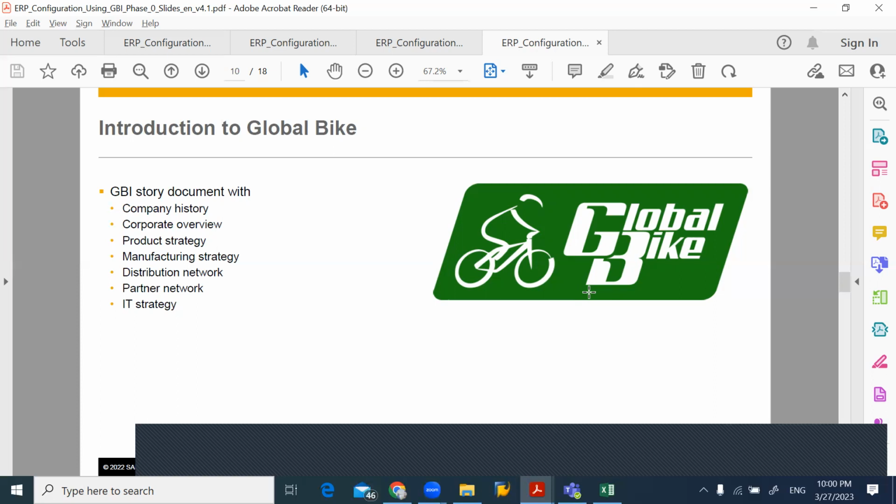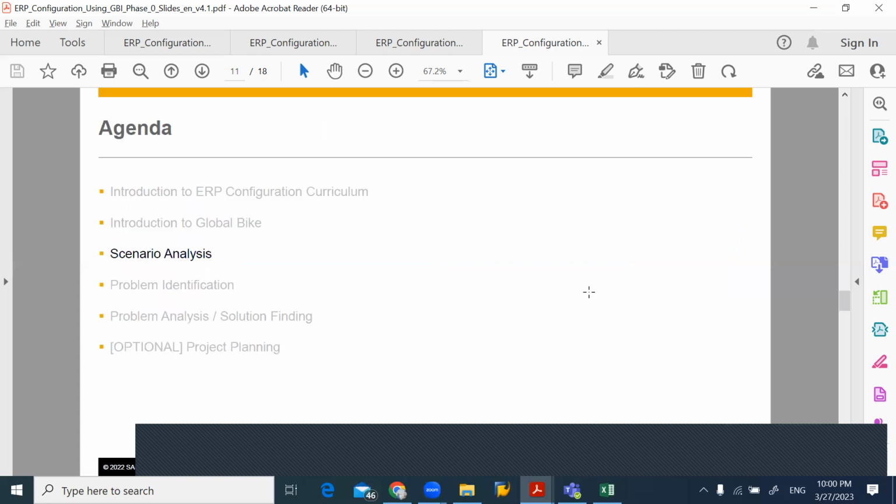They do some manufacturing as well. They have the distribution network. They have customers: different companies, in different industries, are buying their bicycles for resale. They have the partner network. They have some IT strategy. So that is the introduction of Global Bike.